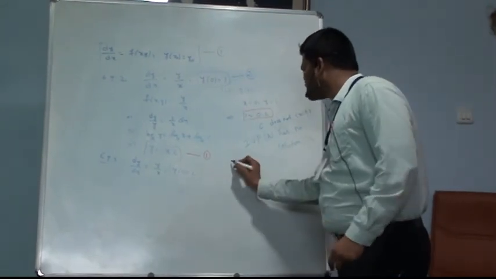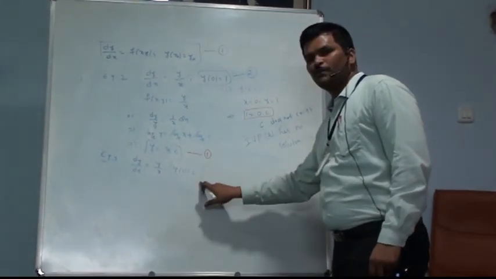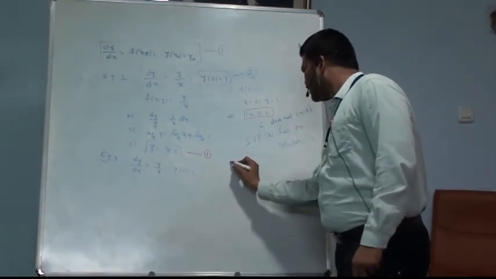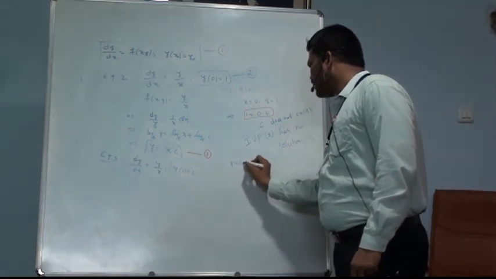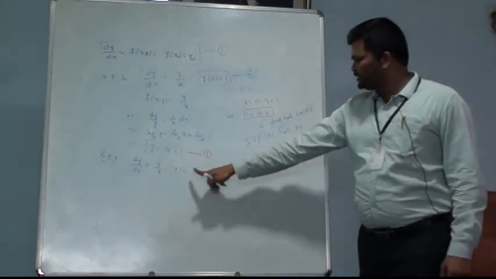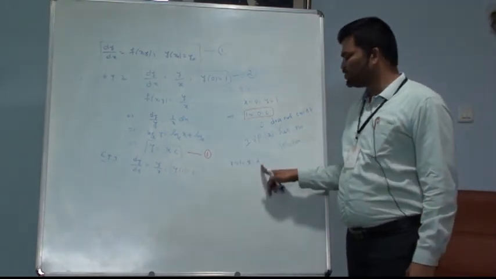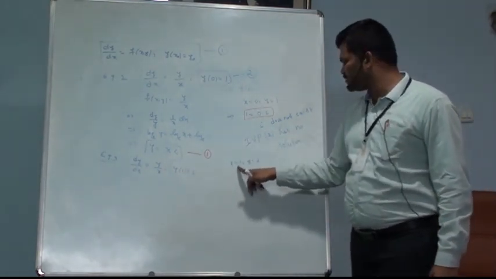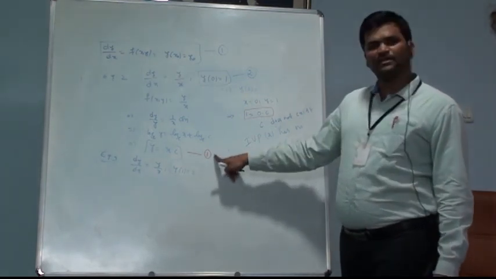Let us substitute y of 1 is equal to 2. What is x? 1. And what is y? 2. Here, x is equal to 1 and y is equal to 2. I am substituting this x is equal to 1 and y is equal to 2 in equation number 1.